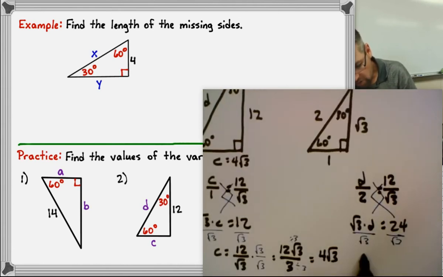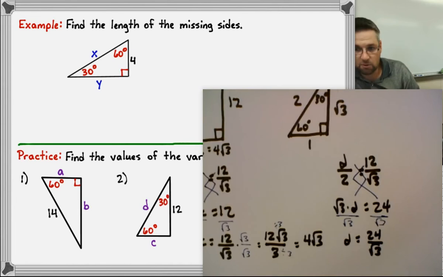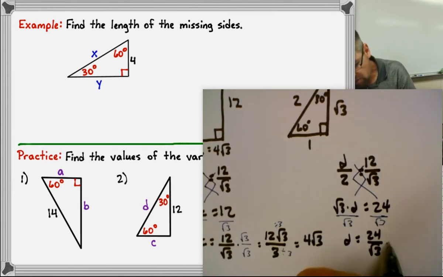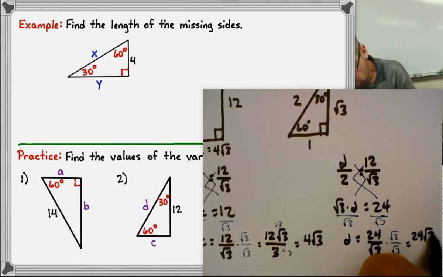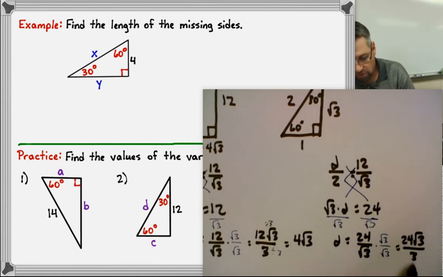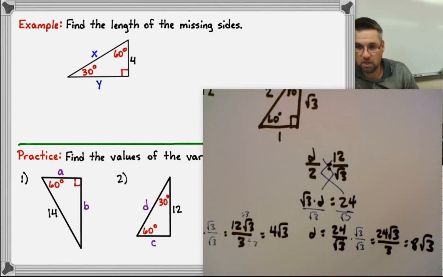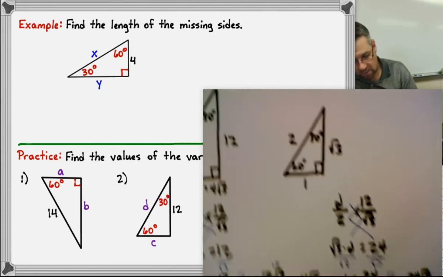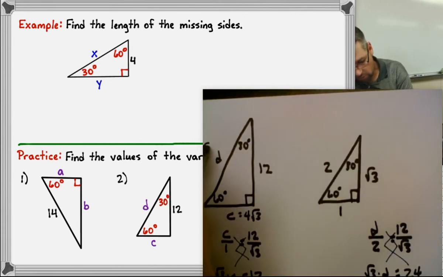And we end up with D equals 24 over radical 3. But again, we have a radical on the bottom, so we have to multiply by rad 3 over rad 3, which turns into 24 radical 3 over 3. And then we can reduce the 24 and the 3 by 3. We end up with 8 radical 3. Okay, so now we have D. D is 8 radical 3 there.